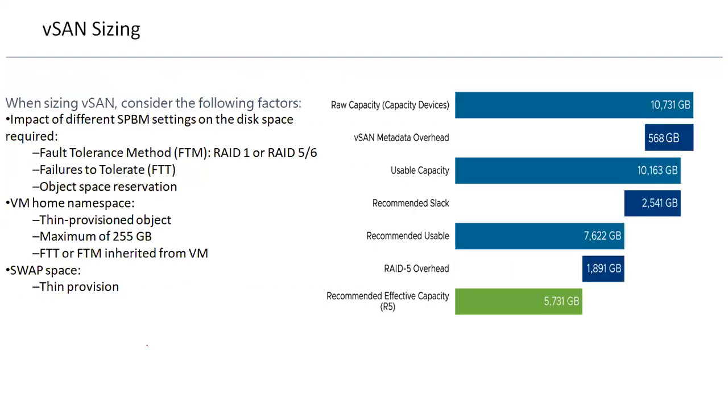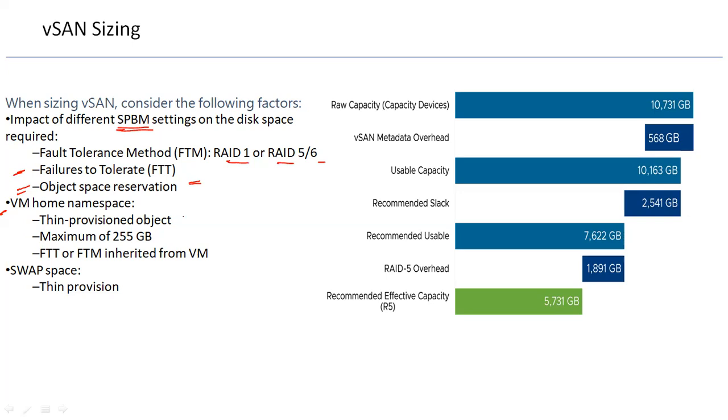When we factor in vSAN sizing, your storage policy plays an important role. What kind of storage policy are we going to implement on the available objects inside the vSAN datastore? The supported policies are RAID 1, RAID 5 or RAID 6 with different failures-to-tolerate methods. According to that, your object space will be consumed, and definitely we require some object space reservation to handle failures. Then the VM home namespace: the VM creates its own directory.